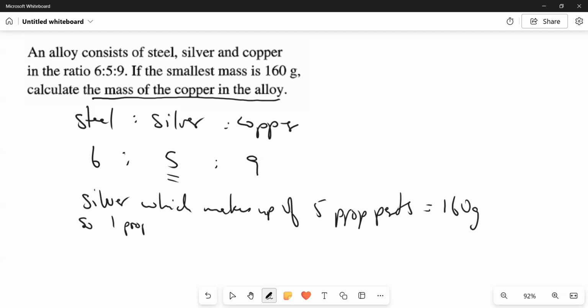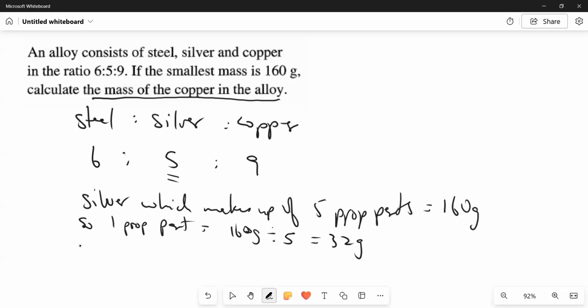One proportional part is going to be equal to 160 grams divided by 5. When we divide that, what do we get? 32 grams. So now that we know one, they want to know how much copper.